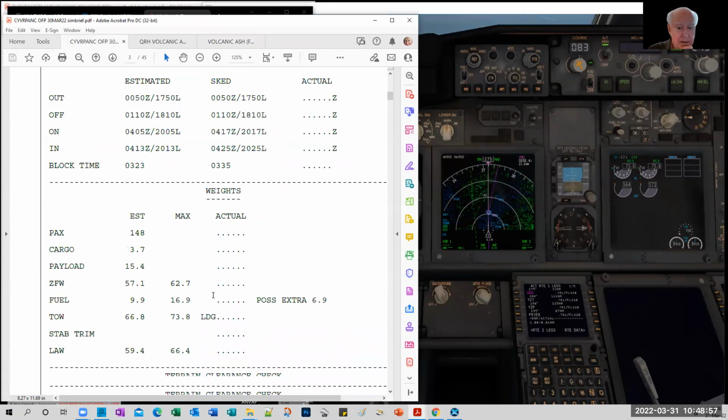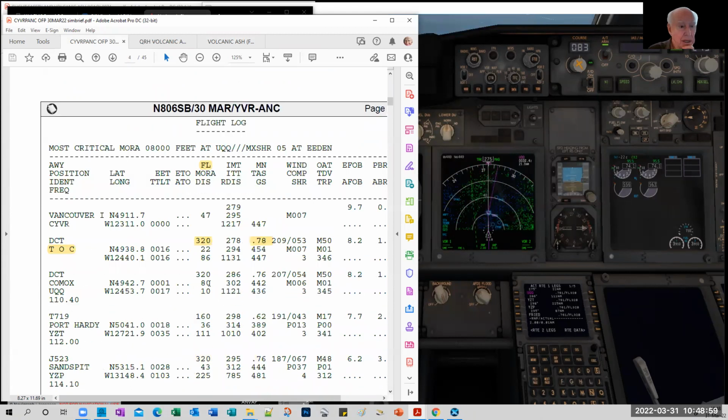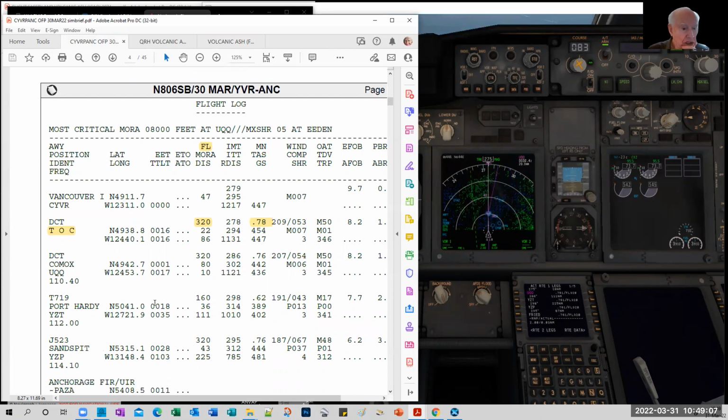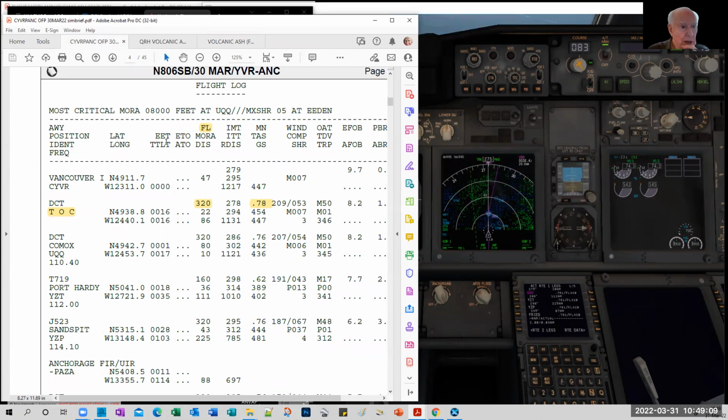And in the actual layout of the MORA, minimum operational reception altitude, you have that listed. Most critical is 8,000 feet, let's say at Comox on this particular clearance.